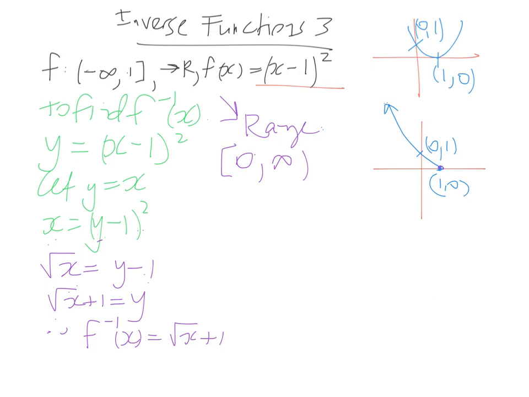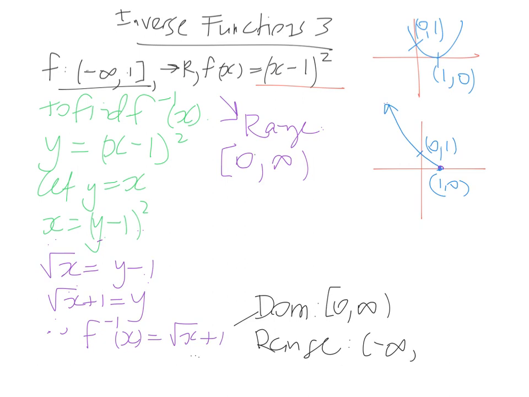So that is what our domain will be. So then our domain will be from 0 to infinity. Whoops, got to include 0. And our range will be the domain, negative infinity to 1.